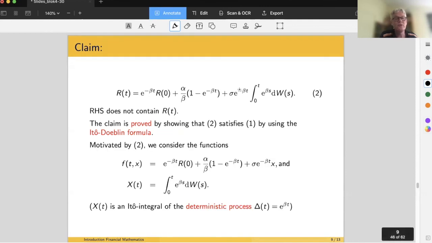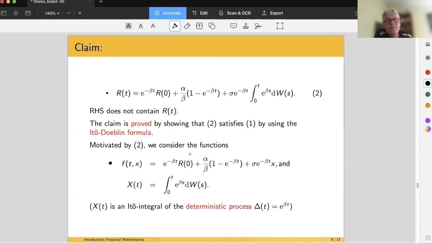So we will be using the following form: f, which depends on t and x. We will see it based on this specific formulation in equation number 2. This is the term which depends on time, e to the power minus beta t times R0 plus alpha over beta times 1 minus e to the power minus beta t.